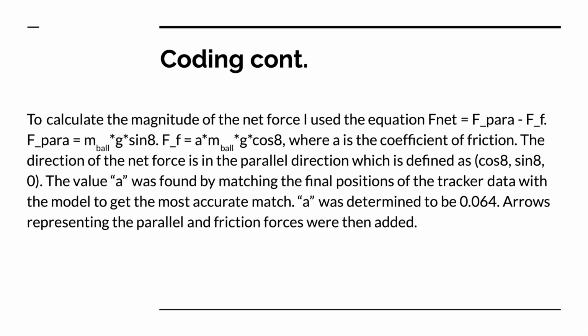The direction of the net force is in the parallel direction, which is defined as the vector cosine 8, sine 8, 0. The value a was found by matching the final positions of the tracker data with the model to get the most accurate match. So a, also known as the coefficient of friction, was determined to be 0.064. And then later arrows representing the parallel and friction forces were added.